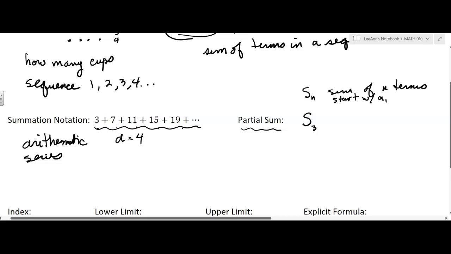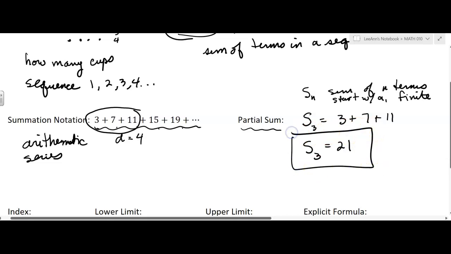And this is a finite number of terms that you're adding, okay? So S sub 3 for us would be those first 3 terms. That would be equal to 3 plus 7 plus 11. You could add those up, and the sum of the first 3 terms here would be 21. So we can do a partial sum from a series by having a finite number of terms.